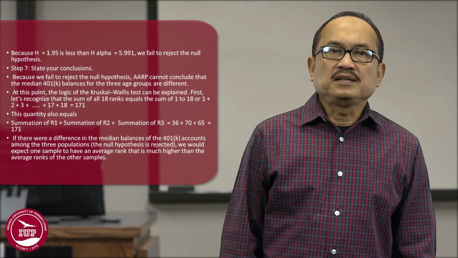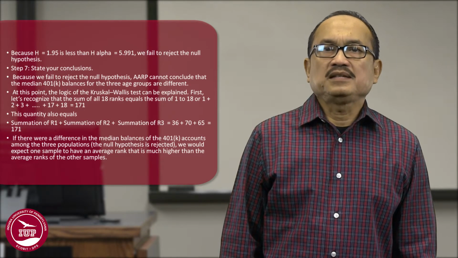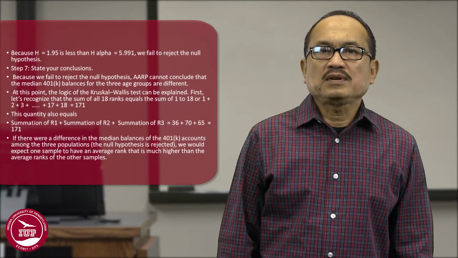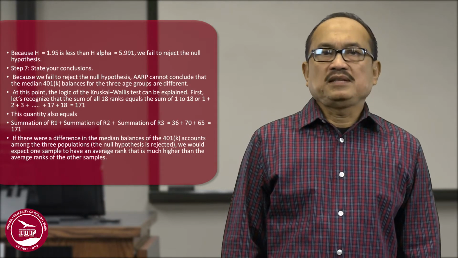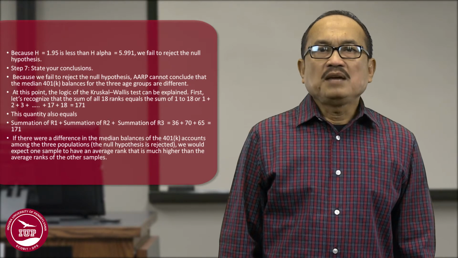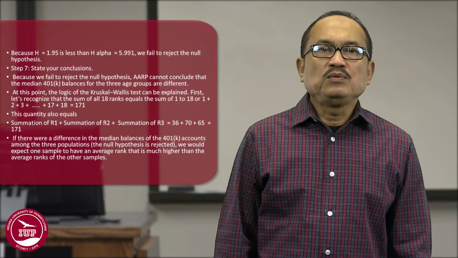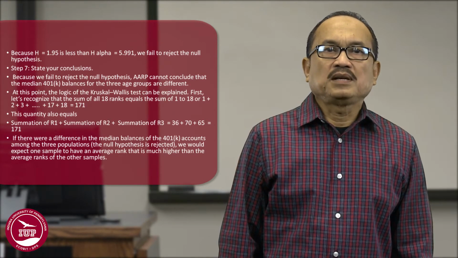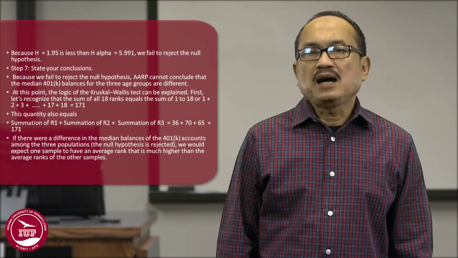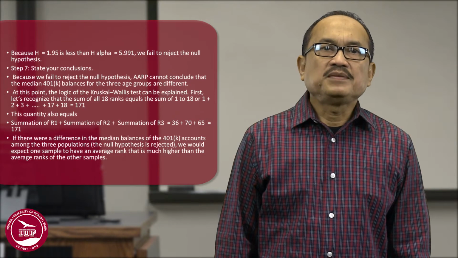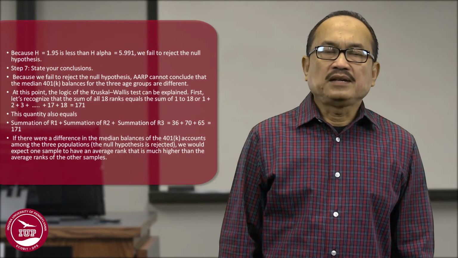If there were a difference in the median 401k balances among the three populations and the null hypothesis is rejected, we would expect one sample to have an average rank that is much higher than the average rank of the other samples.